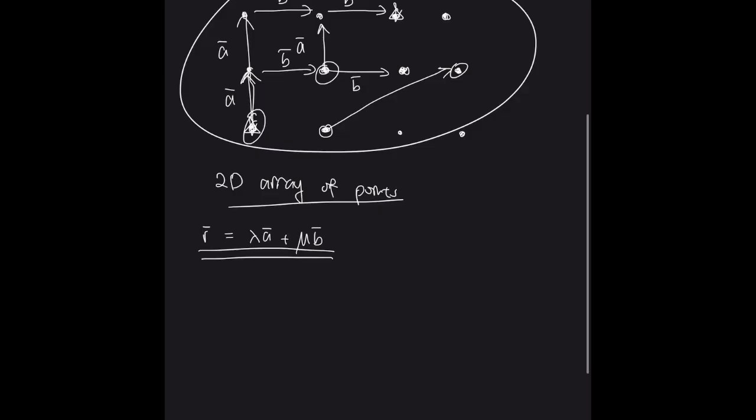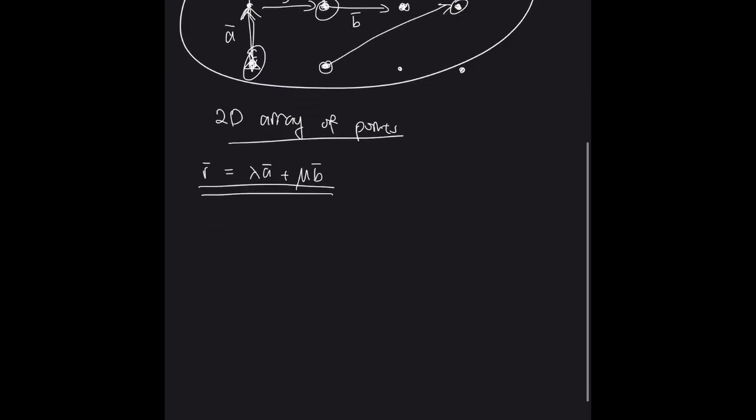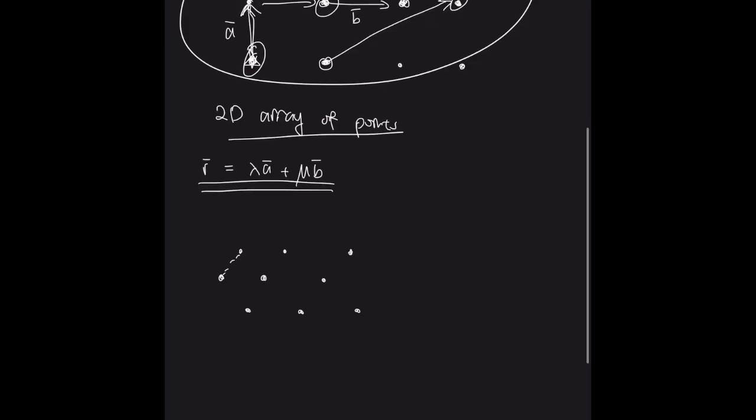Now, your 2D array doesn't have to look like this. This is also a possible arrangement. So you might notice that there's a hexagon shape here.